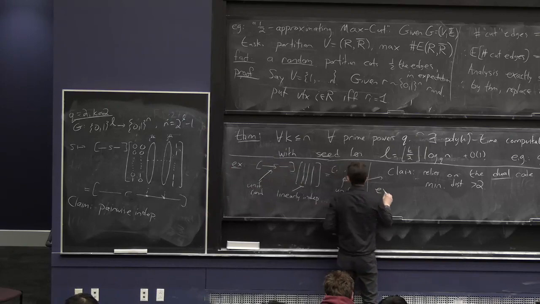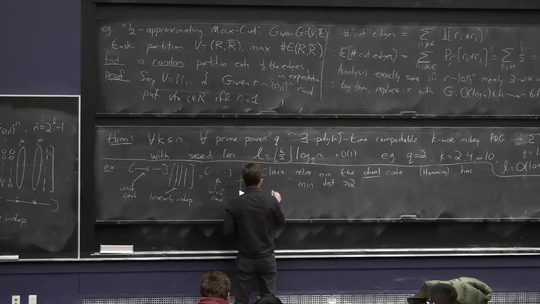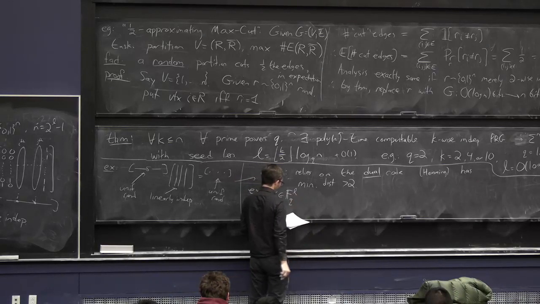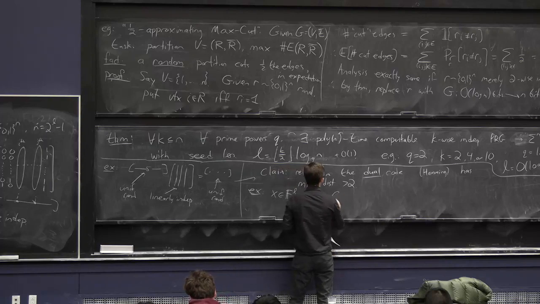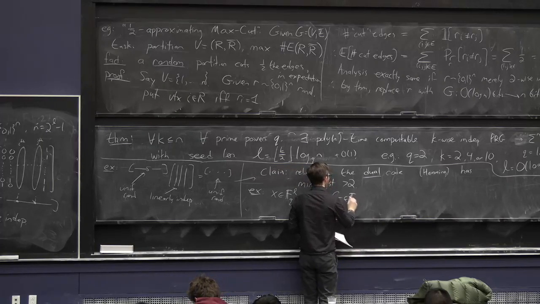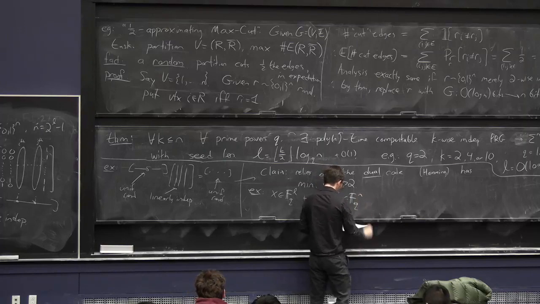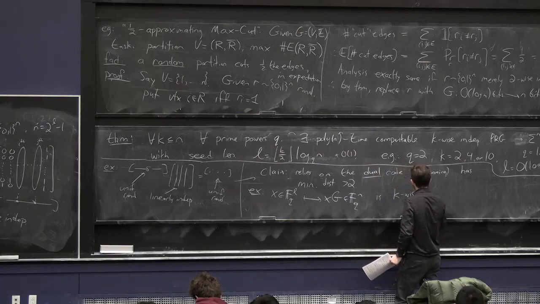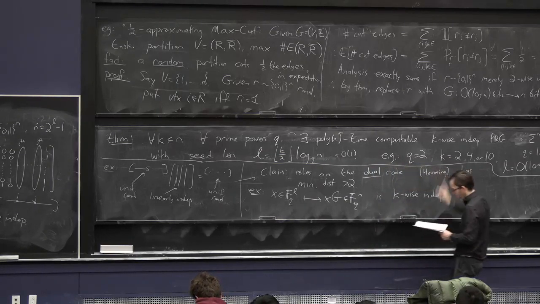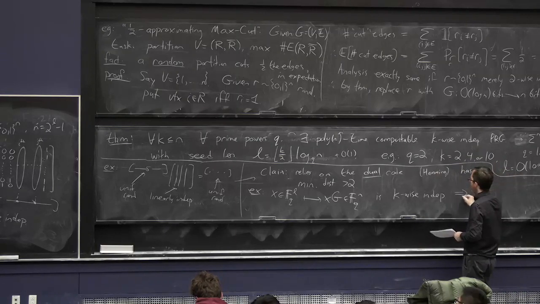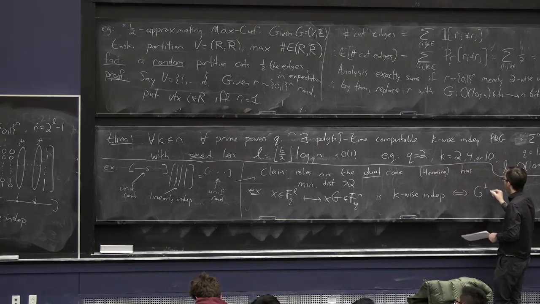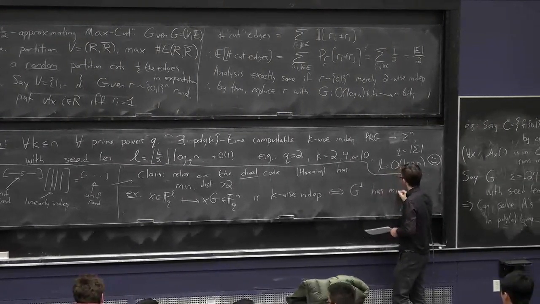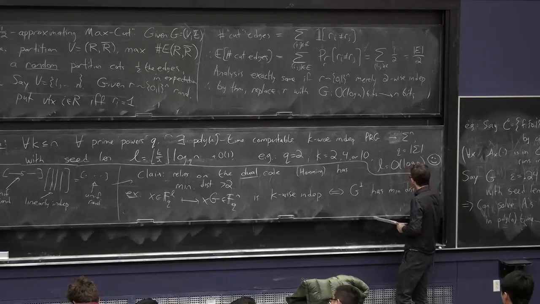Okay, so a generalization of this exercise is that if you take x, a vector of length L over a finite field F_q, and you map it to x times G, a vector of length N, this mapping is k-wise independent according to this definition if and only if the dual code, G dual, has minimum distance greater than k.